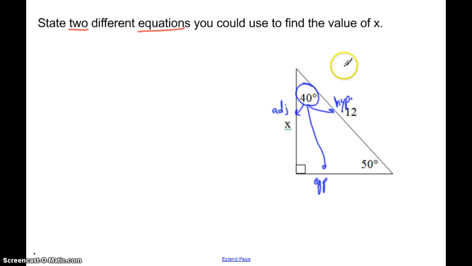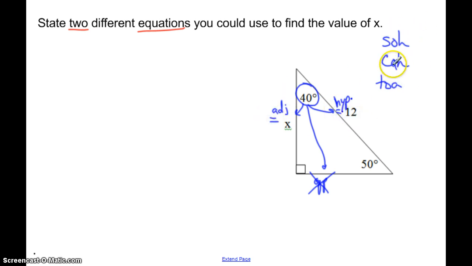Notice I don't have a value for opposite, so I'm not really going to be able to use it. But instead, I can use my adjacent and my hypotenuse. So using my 40-degree angle and my adjacent and hypotenuse sides, which trig function uses adjacent and hypotenuse?